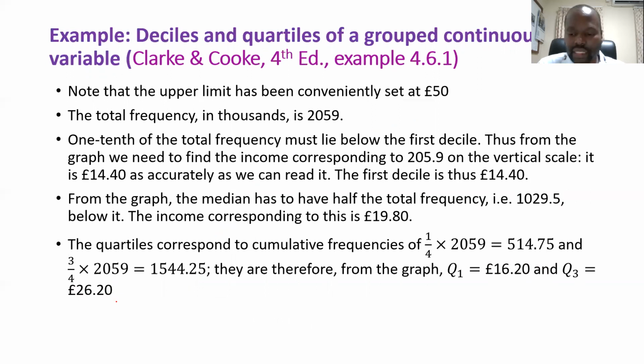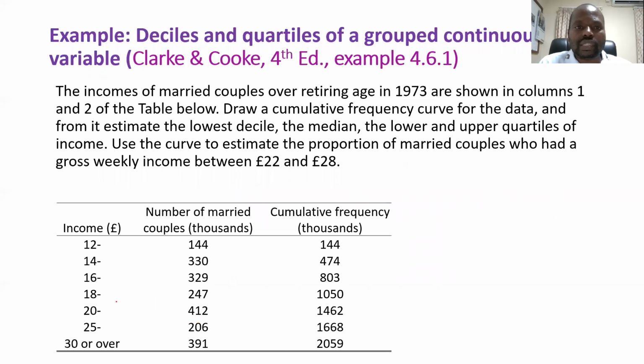So we have answered the first question, which required us to find the lowest decile, the median, and the lower and upper quartiles of income. Now it says, use the curve to estimate the proportion of married couples who had a gross weekly income between 22 and 28.